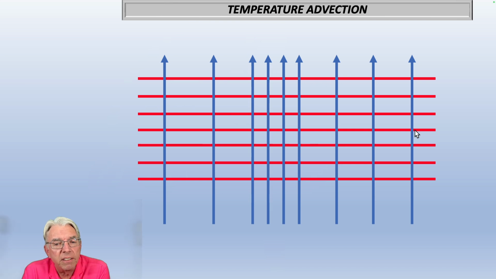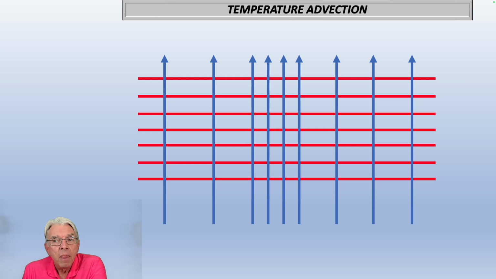So the Laplacian of the temperature advection is basically saying, the higher the Laplacian is, the more you have this really strong localized maximum of temperature advection, and then it quickly weakens on either side of that. So if you have really tight packing of isobars in a fairly small area, and then those isobars aren't as tightly packed as you go out, the Laplacian of the temperature advection is going to be quite strong in that situation.